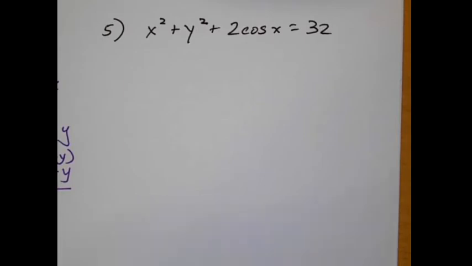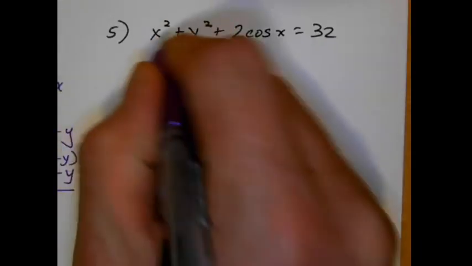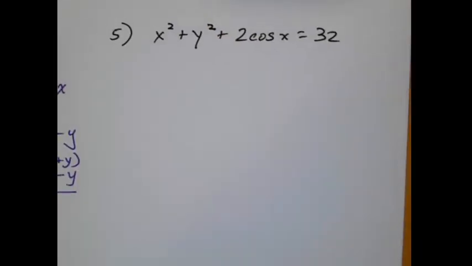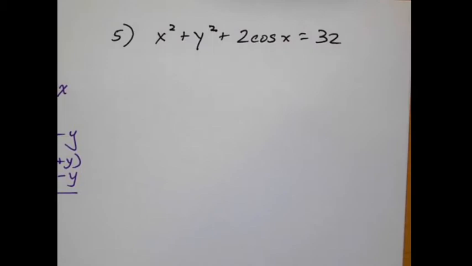Okay, in number 5, we have x squared plus y squared plus 2 cosine x equal to 32. So question 5, the 5th problem that we have to do, that is on the second page in the bottom left, and we need to find dy/dx. So what we're going to do is, again, anytime that we are looking for derivatives of y's, we need to add a dy/dx.